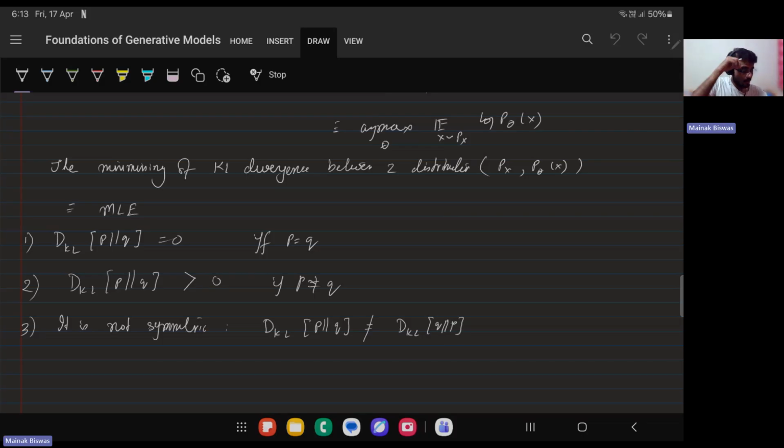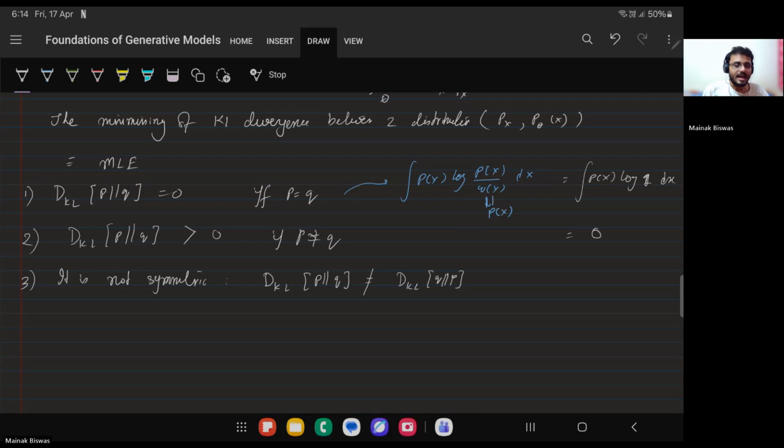Okay. So the first property is very simple. You can just put it in the equation, Px log Px by Qx dx. If I equate Q to P, because they're equal, I can just set it to log of 1. This is Px log of 1 dx, and this is just 0.